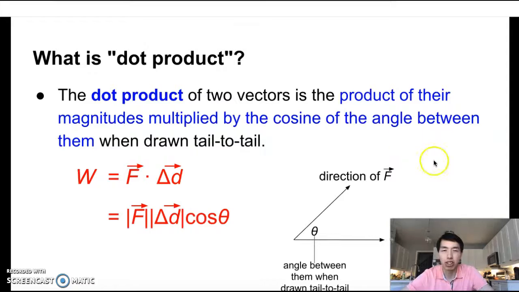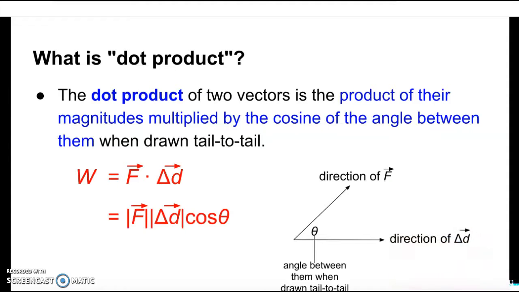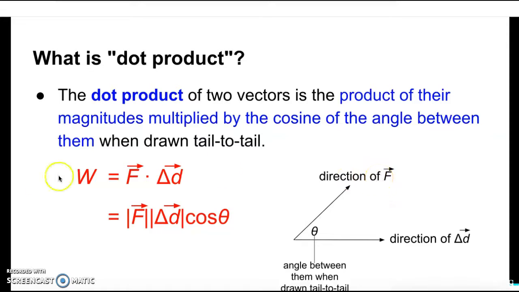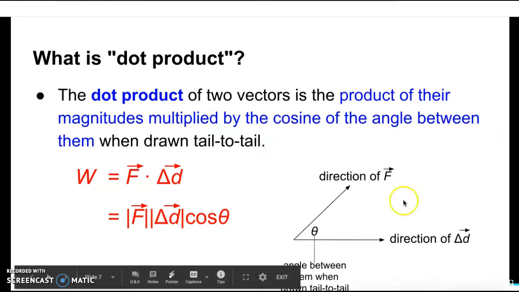So this is what it looks like in picture form. If you have two vectors, so in our case, work equals force dot displacement. So the vectors would be force and displacement. If you draw them tail to tail, so the beginnings of the vectors are touching, and then you measure what the angle is that they make together, I'm going to call that theta.